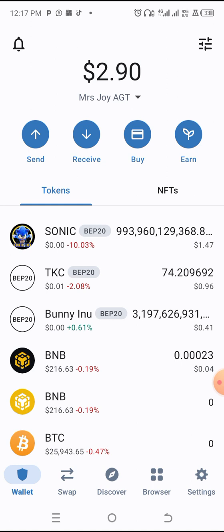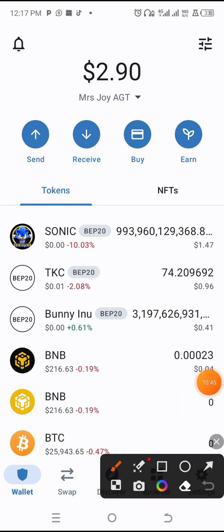I don't think there's anything like selling coin here. Trust Wallet is not a centralized platform like Binance. This is a decentralized platform, like a portfolio where you keep your stuff.